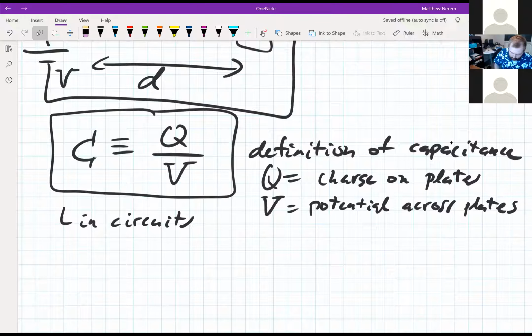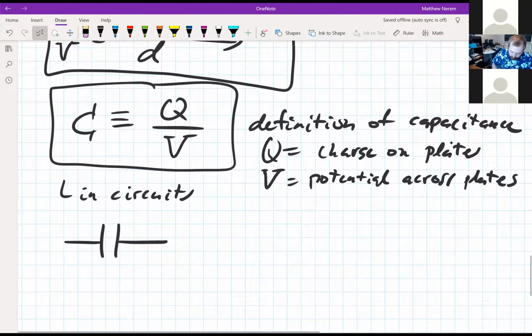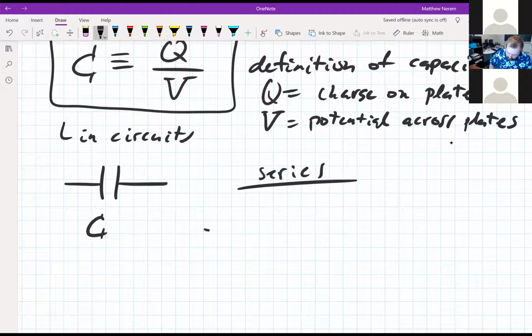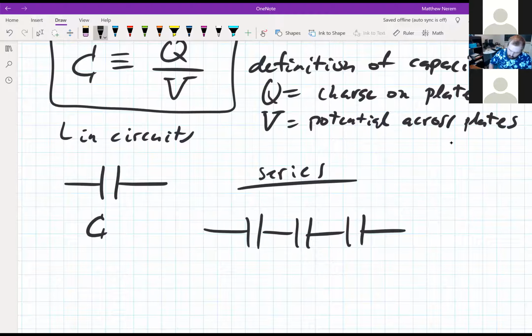So circuits, here's our capacitor symbol, equal bar lengths for a capacitor. And we had 2 ways of sticking them together. Let's see here. For series, we'd say 1, 2, 3, C1, C2, C3.